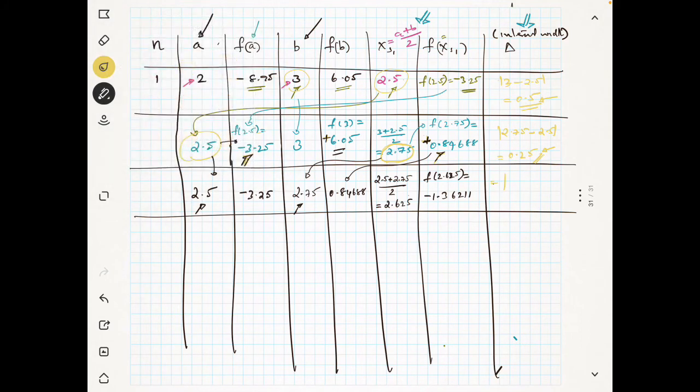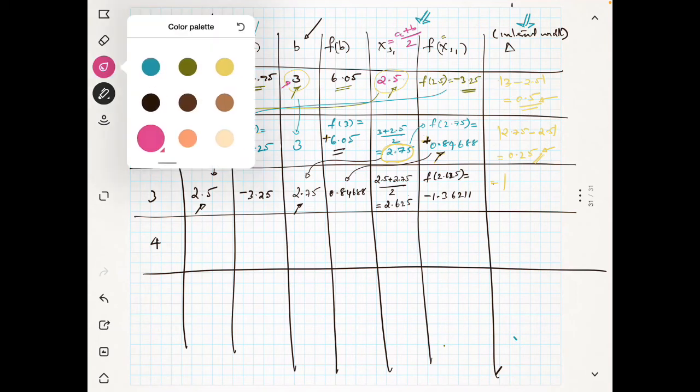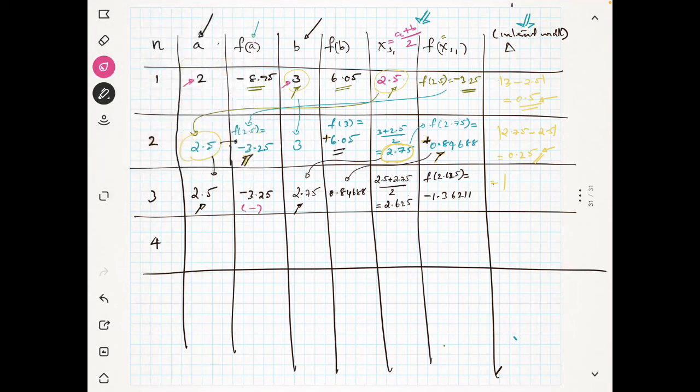Where is my solution now? This is the second iteration. I will put the iteration numbers 1, 2, 3 and 4. Now with the new solution, you see this number is positive and this number is negative, and this one is negative.